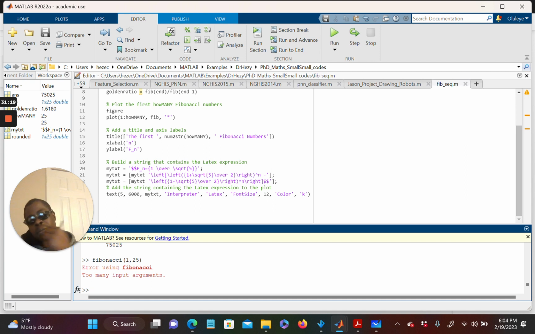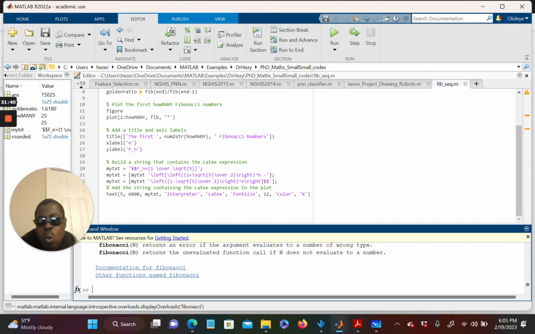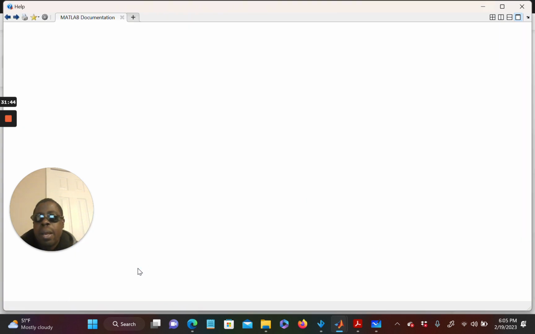Too many. Okay, let me see. Help. I don't use that one, I just write my own function most times. Help Fibonacci. Okay, so I can look for documentation on that.